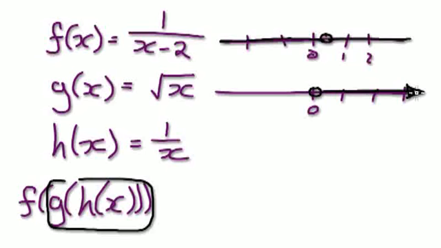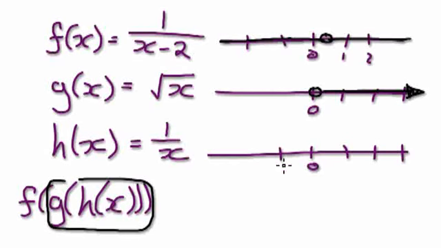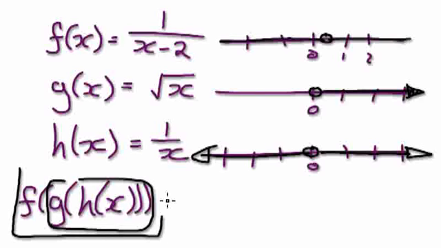And the domain for this one here, well, let me draw the number line here. It would be 0, 1, 2, 3, and so on, -1, -2, and so on here. The domain for this bit here would be, well, it could be anything except for the number 0 itself.